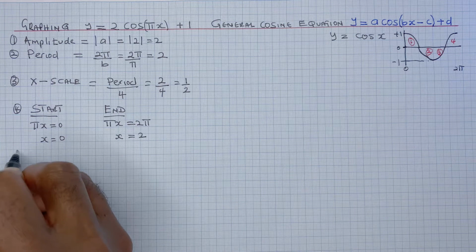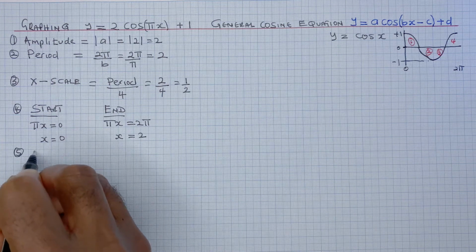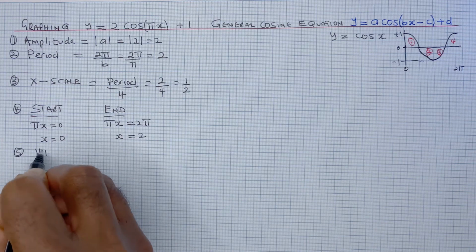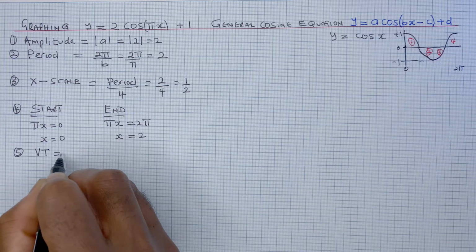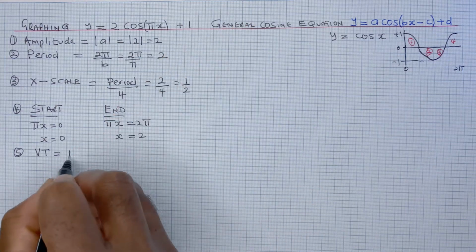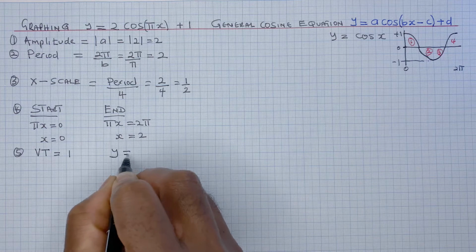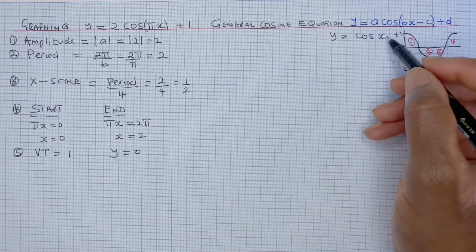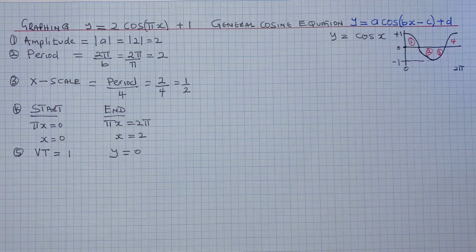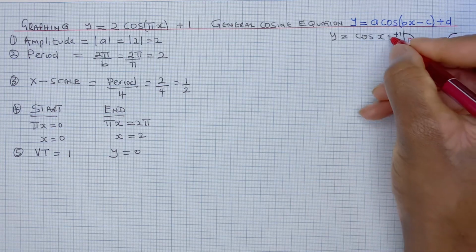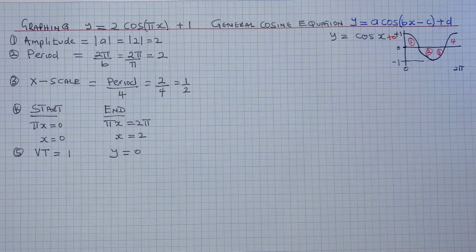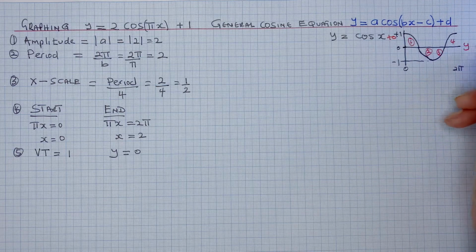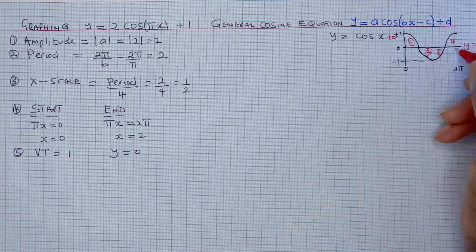So number 5 is, do we have a vertical translation, which in this case is plus 1. For the parent function, this is plus 0. So in that case, that meant y equals 0. So that's why it's lying on the x-axis.